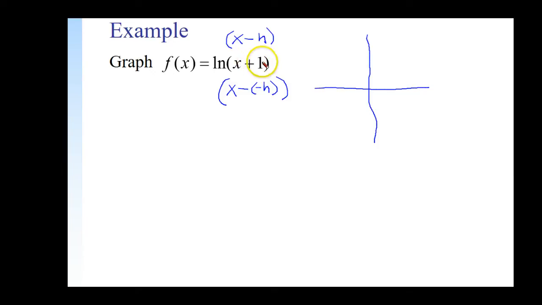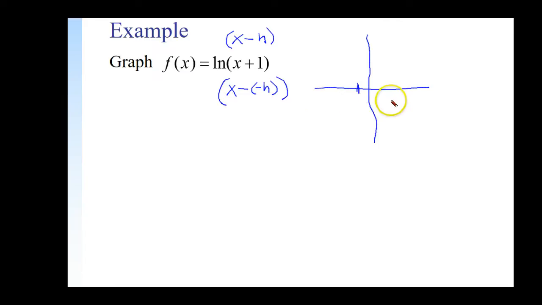So the shortcut rule is whenever you see something like this, you just take the opposite sign, and where you might think it goes to the right, it's actually a negative value, so it's going to shift it to the left. It says a positive one here, then it shifts it to a negative one.